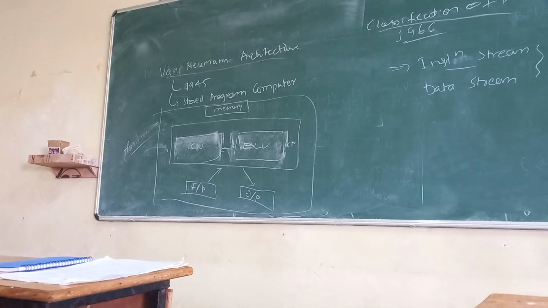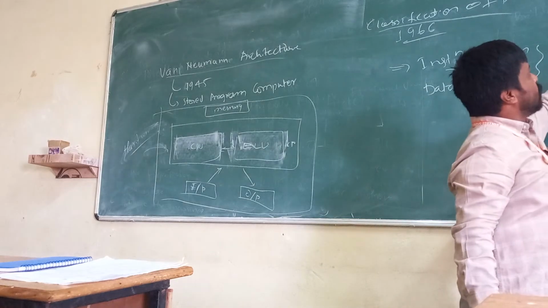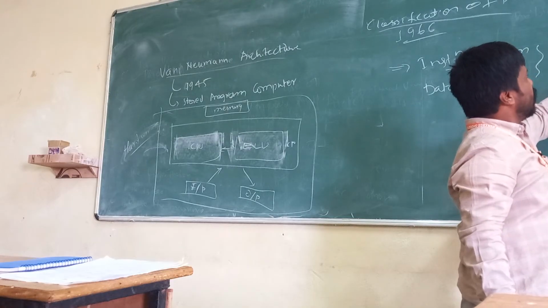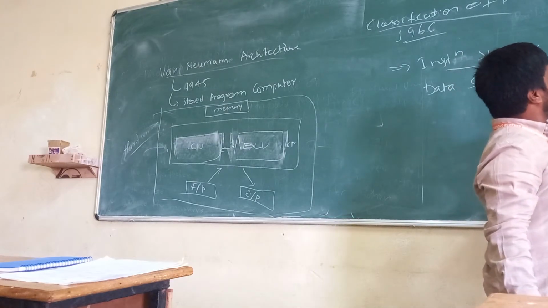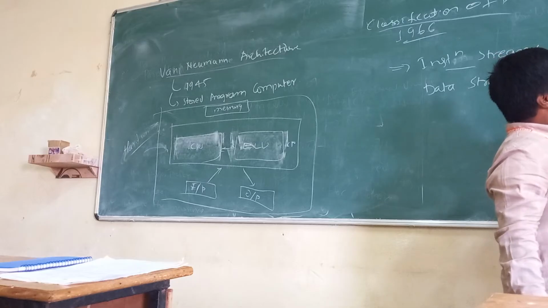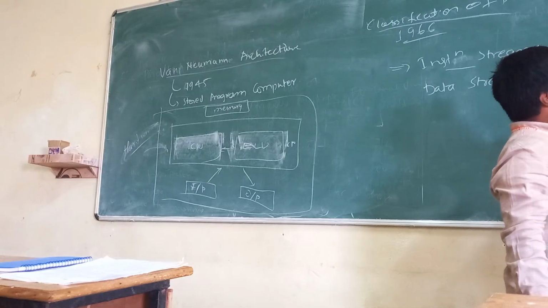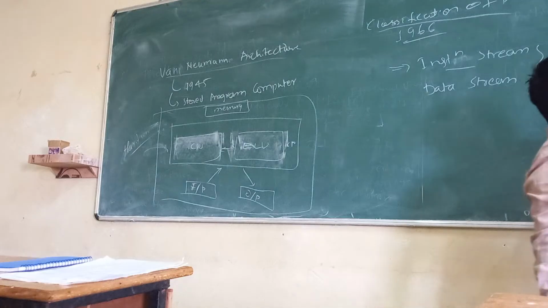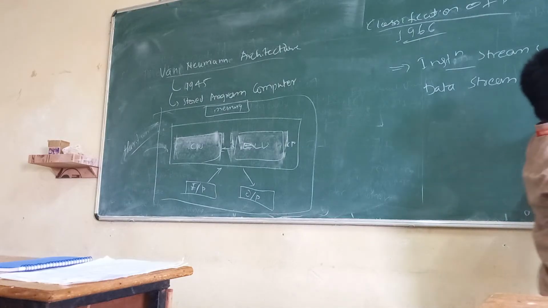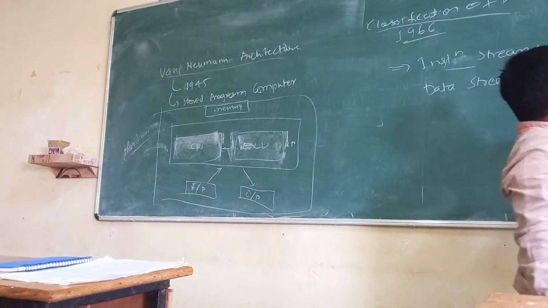Wherever you find I, take it as instruction; wherever you find D, as data; M as multiple. Just remember this much. S is single instruction stream, single data stream; single instruction stream, multiple data stream.